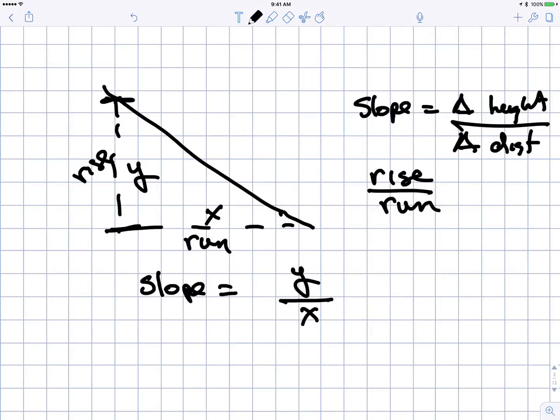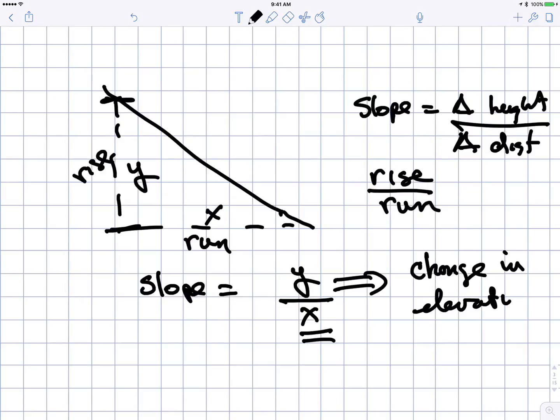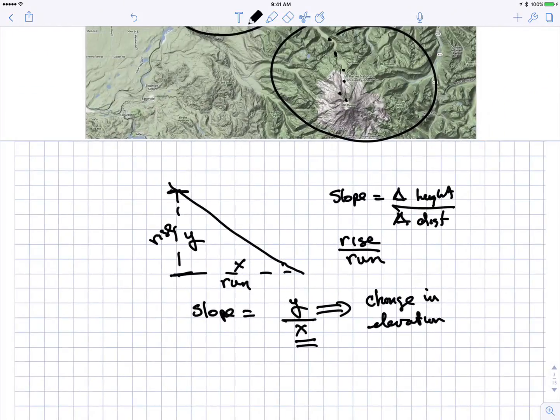Pretty straightforward and something I know you've seen before. Now to determine this on the volcano, we're going to go to different positions down to get our x value, and then we will use changes in elevation to get the y.